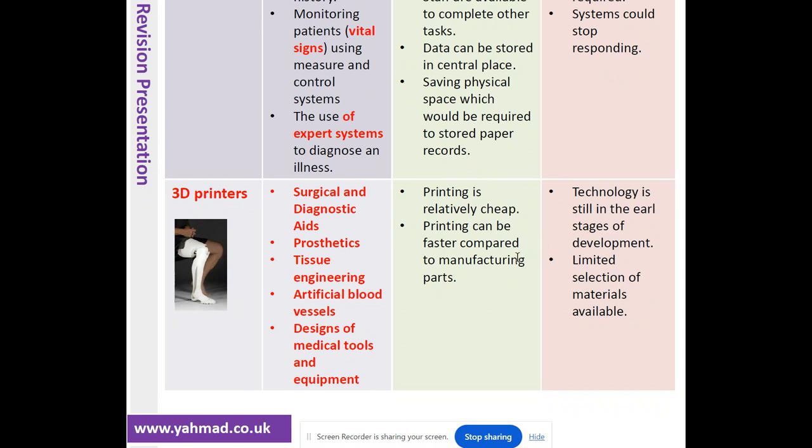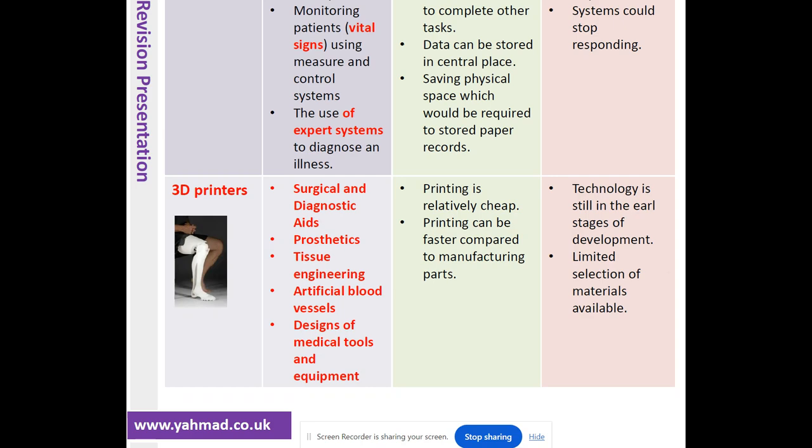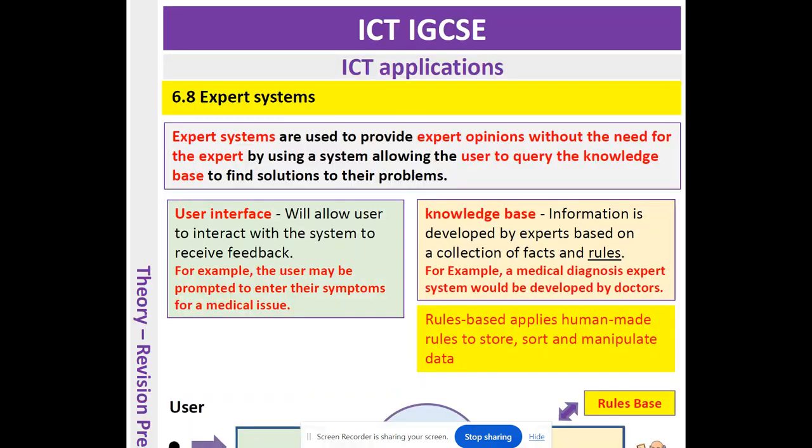Printing can be faster compared to manufacturing a part. So making a part, it may be quicker just to print that part off. The technology is still in the early stages of development and there's a limited selection of materials available. But obviously, with 3D printers, it's moving quite rapidly in terms of what it can produce. Compare it to last year, the year before.